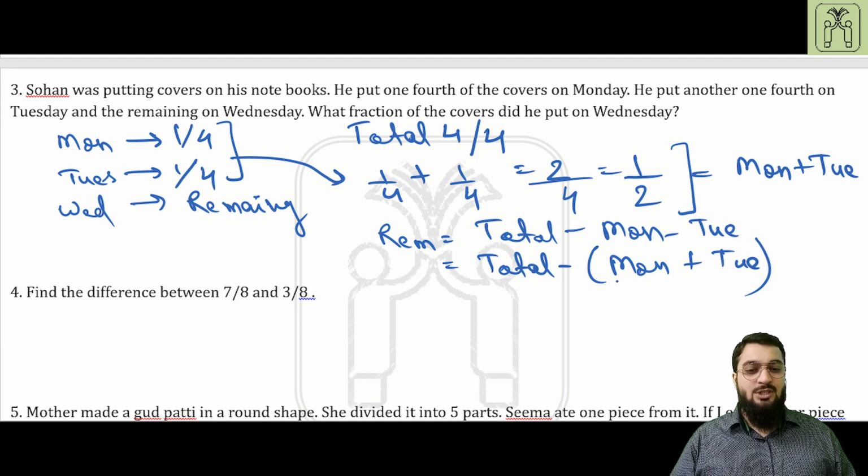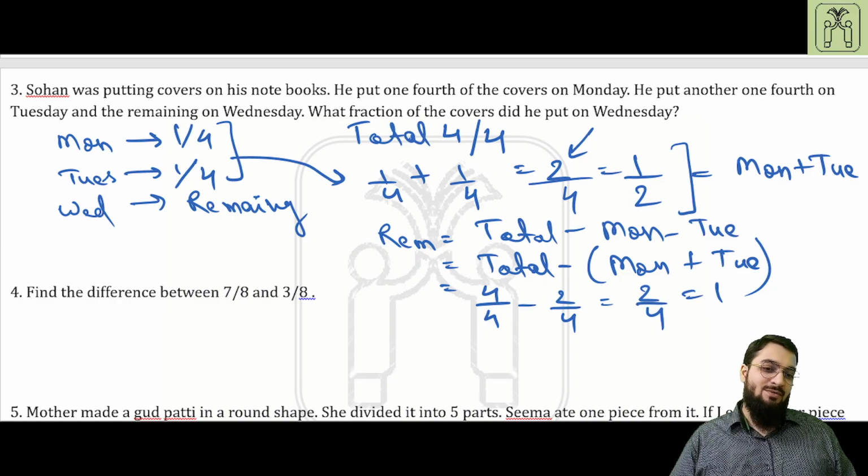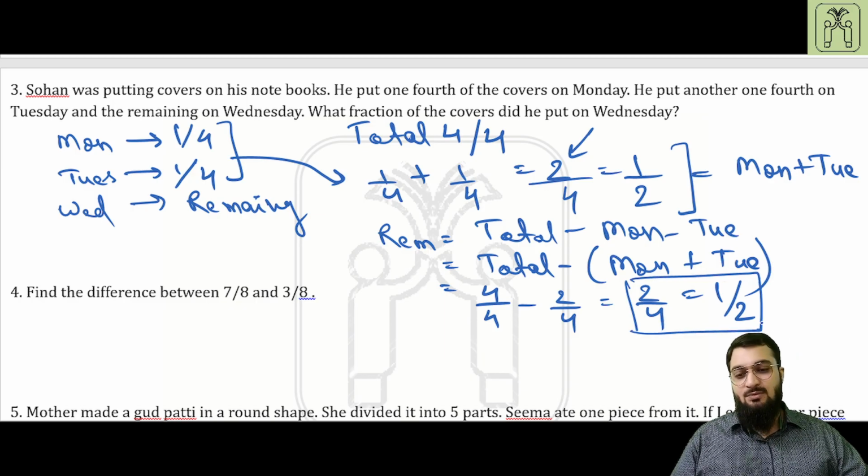Monday plus Tuesday is 1 upon 2. So the answer will be 4 upon 4 minus 2 upon 4. You can use the non-simplified part, and that will give you 2 upon 4 again, which is 1 upon 2. So you can write that 2/4 or half of the total covers were put on Wednesday.